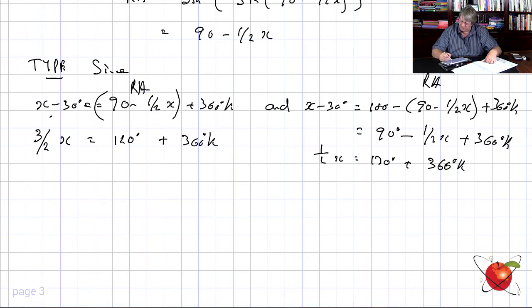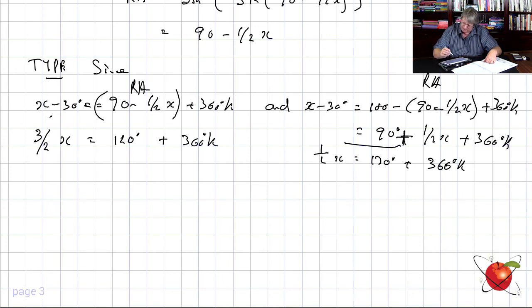Can you see what I did? I took that half across, plus a half x, I took it across, and it became a minus, x minus a half x, there it is.